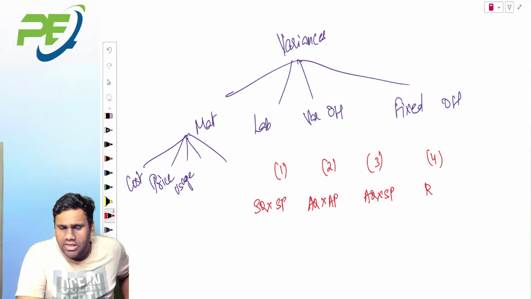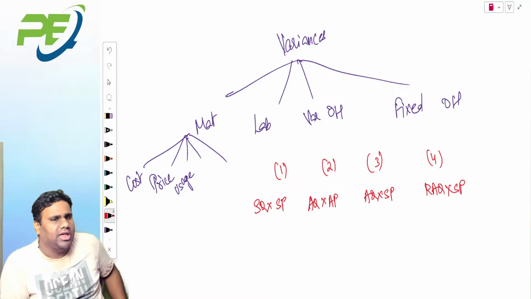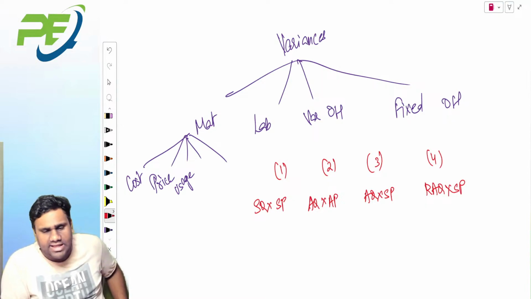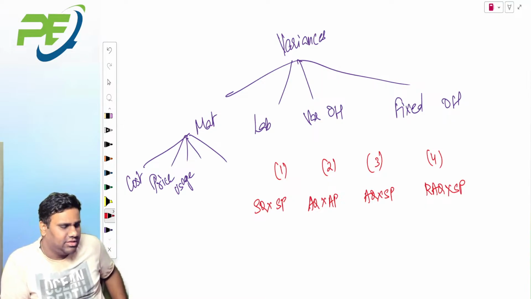Fourth column: RAQ into SP. First write this.